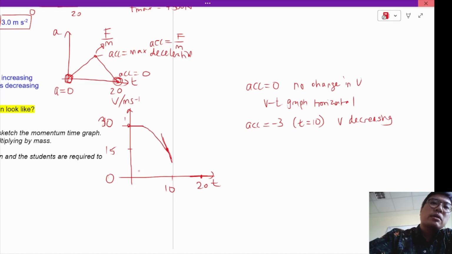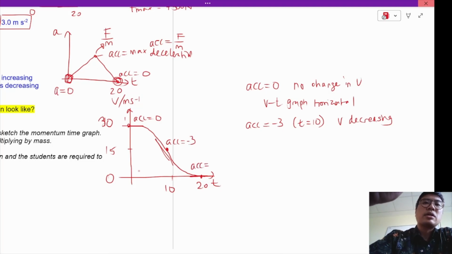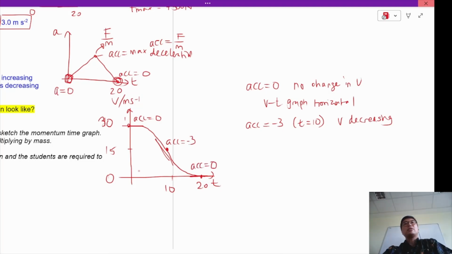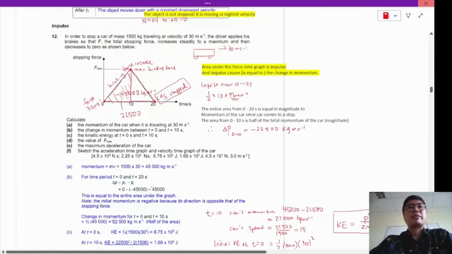It will be an S-shaped graph. Oops, my gradient is not very good. So it's an S-shaped graph. The acceleration here is equal to 0. The acceleration here is -3. And the acceleration here is 0 again. So this is how you draw the velocity time graph. And that is the end of question 11. Question 12.